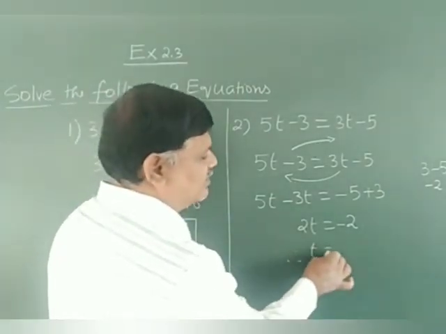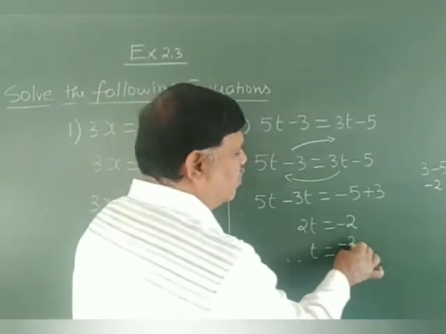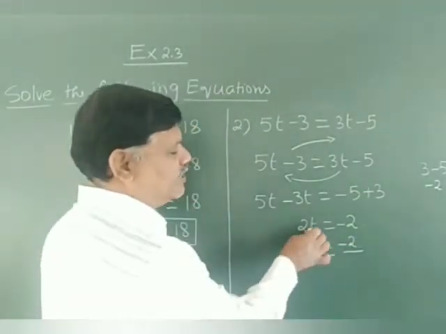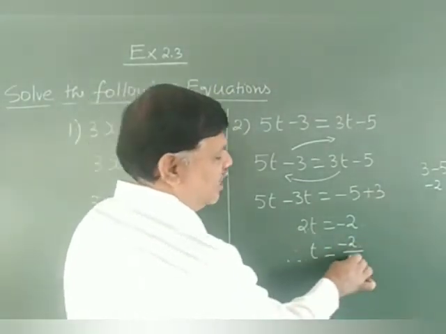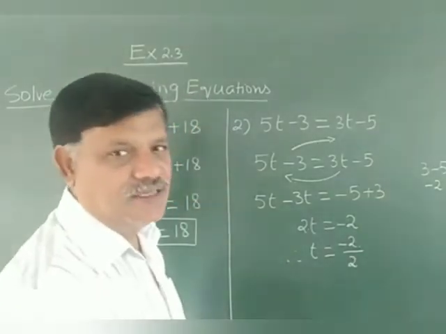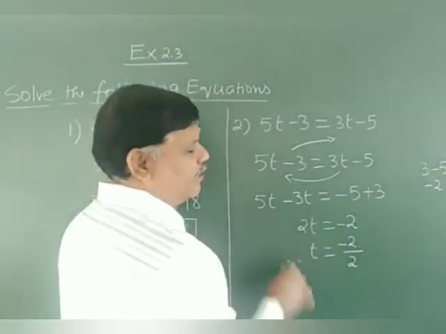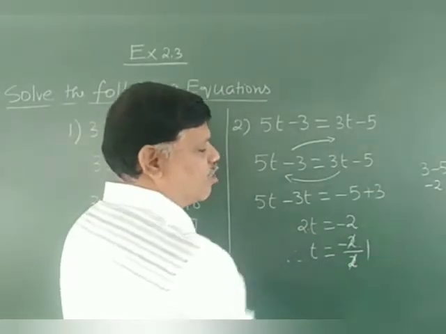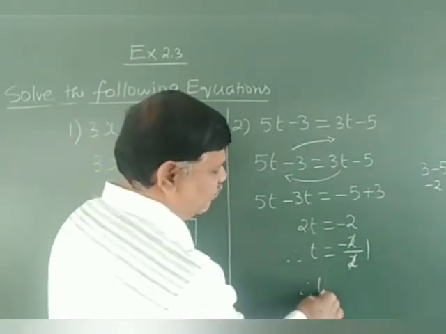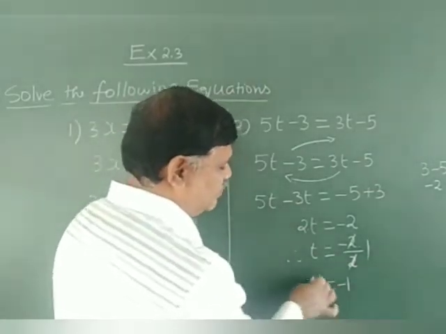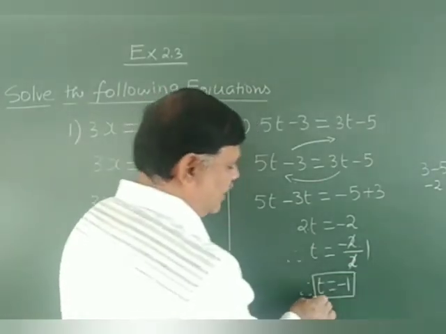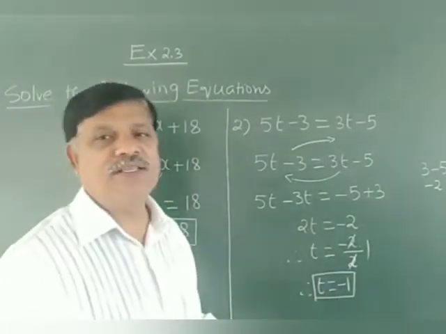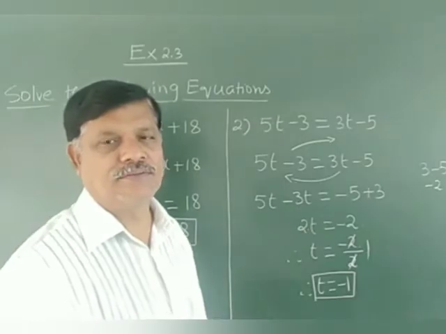Therefore t equals minus 2 by 2. 2 is in multiplication, so in RHS it goes in division. Now minus 2 by 2, these two cancel one time. Therefore t equals minus 1, and this is the answer for this equation.